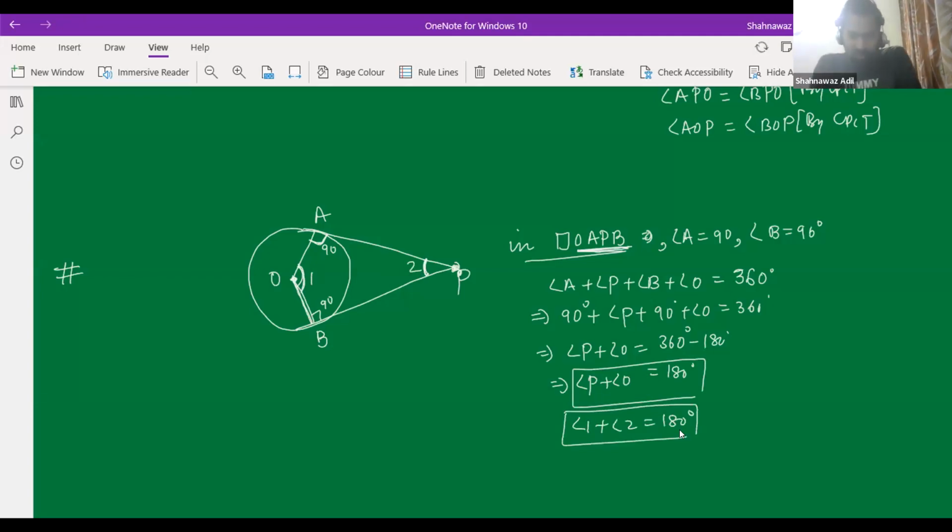Is this clear to you? Does this include theorem 10.2? No, this is different from that theorem. This is another concept, totally different.